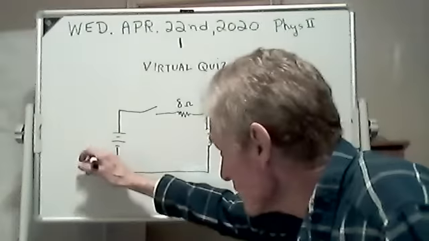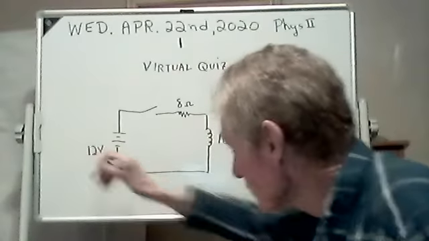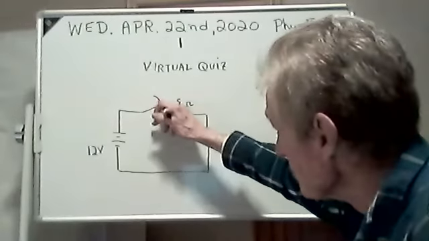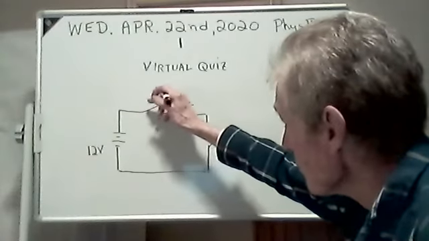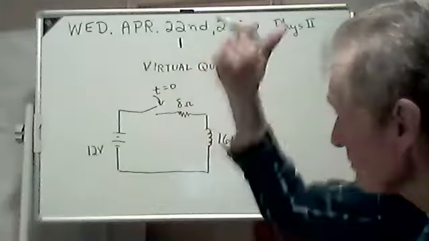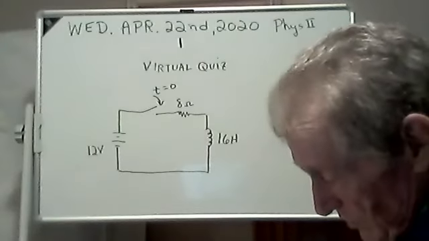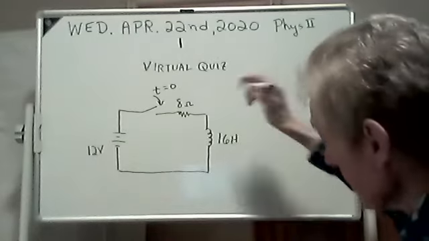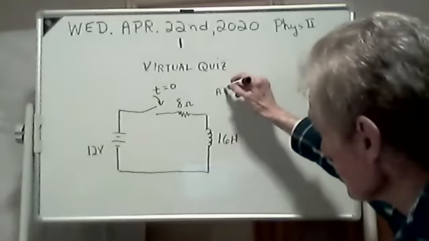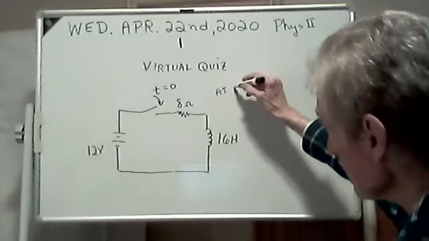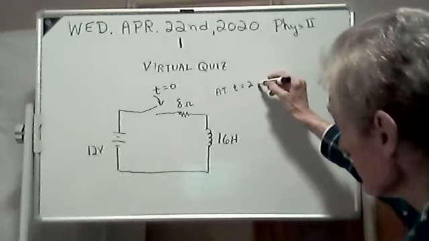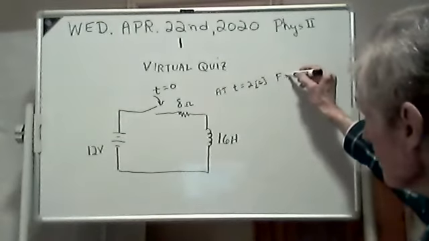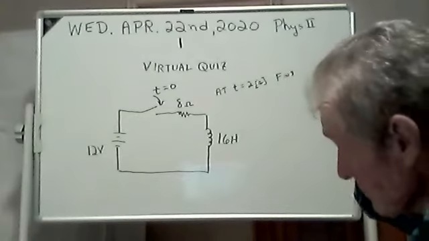Okay, I just made these up for practice for you. And what we're going to do is we're going to throw that switch at time 0. When we start our stopwatch, we're going to throw the switch. And at, let's do it this way, at 2 seconds, when the time is 2 seconds, I want you to find, well, you could find the current.